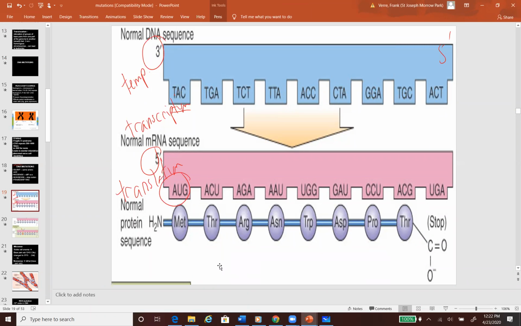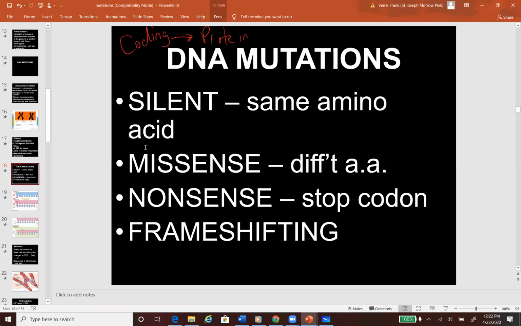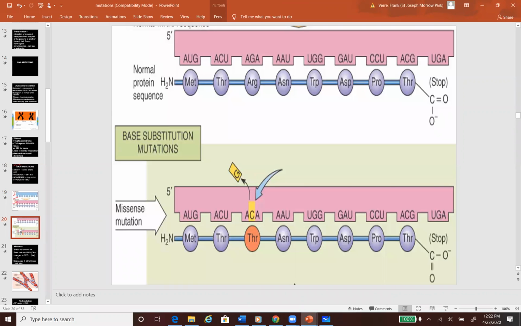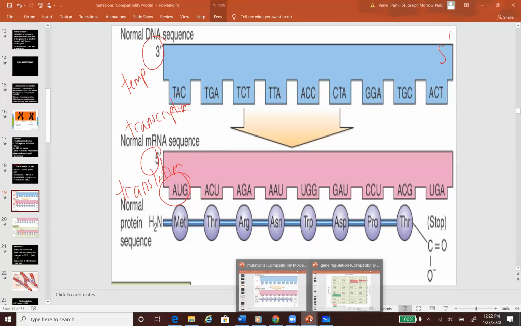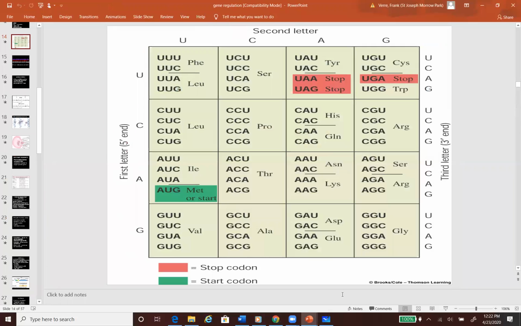Transcription and then translation. Now, if you have what's called a silent mutation, a silent mutation says that you get the same amino acid, okay? So what that means is, imagine that we look at ACU, okay? So here is my genetic code. It says the ACU gives you threonine. So if I look at ACU, you can see the ACU gives you threonine.